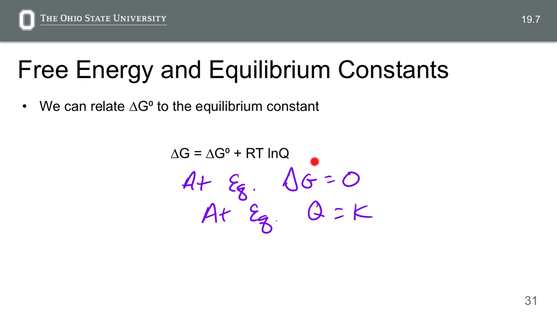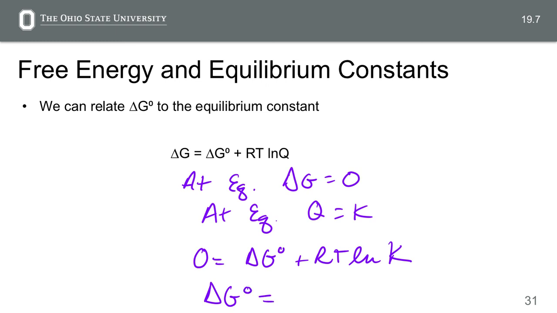So this is delta G equals 0, and that's not delta G naught. That's a different value. But if you say that delta G equals 0 and Q equals K, then I can rearrange this equation and write 0 equals delta G naught plus RT natural log of K, and rearrange that to do delta G naught equals R times T times the natural log of K.